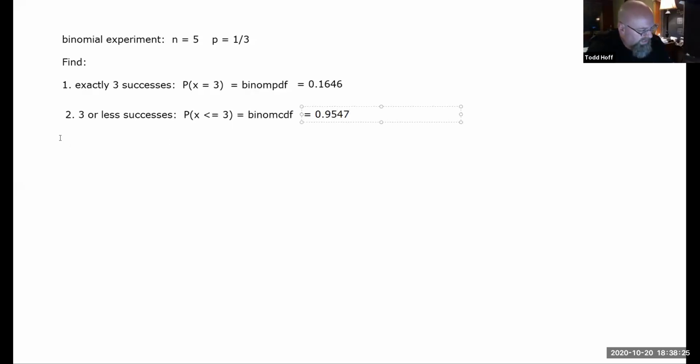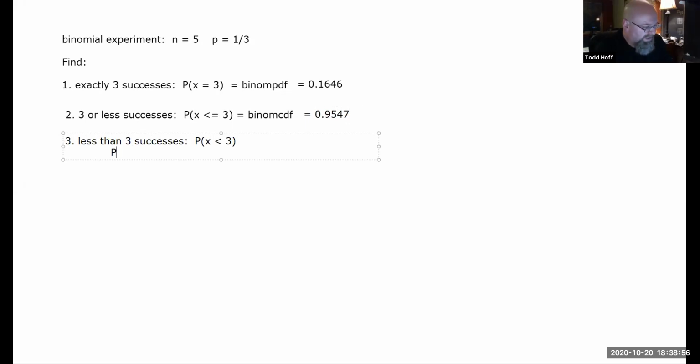Now that looks very similar to this next one, but it's actually going to be significantly different. What's the probability of having less than 3 successes? This is the probability x is just less than 3, not less than or equal to. Well, this is still a binomial CDF, but we have to convert it into something of the form less than or equal to, not just strictly less than.